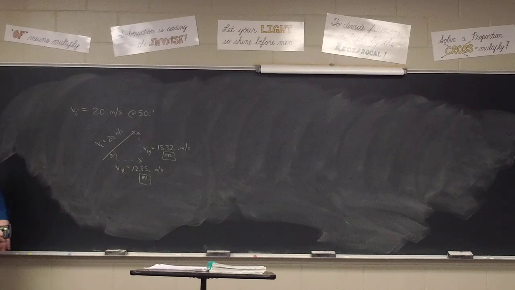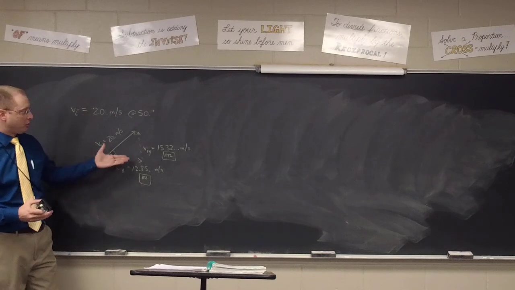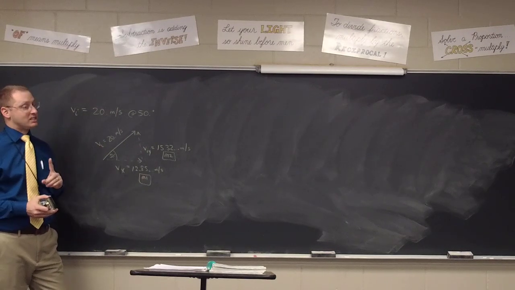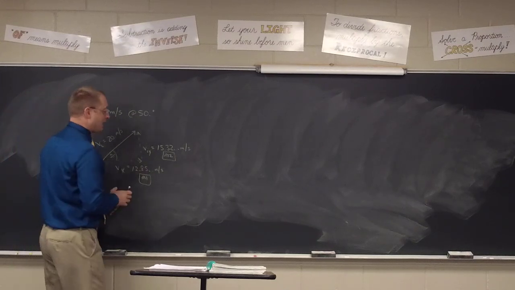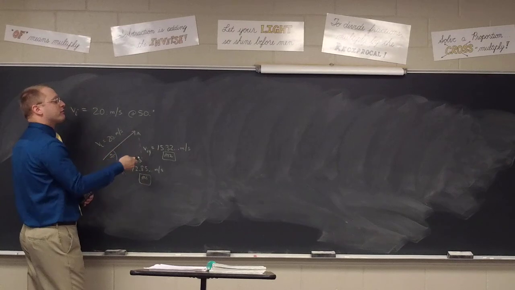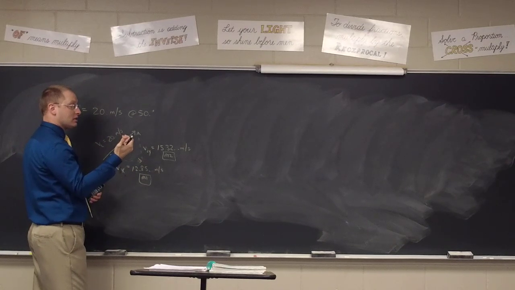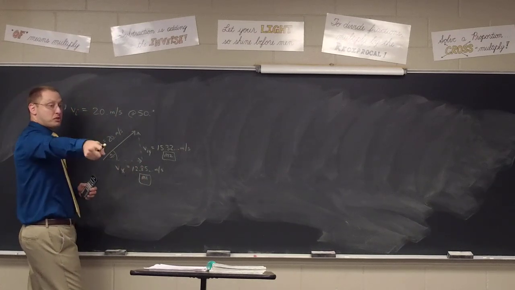Okay, what do we know about the velocity in the y? What is the ball doing vertically? It's going to stop going up at some point because what goes up must come down. Newton came up with that guy. And because of gravity, it starts going up in the air at 15.32, and you said it decelerates.